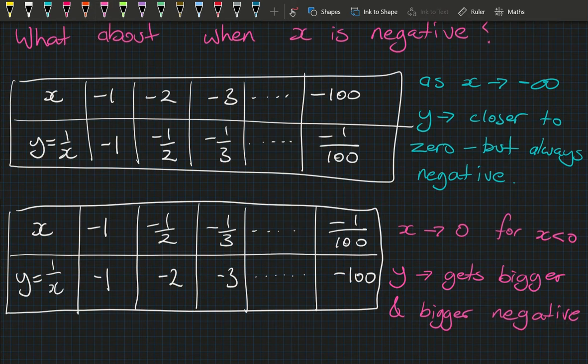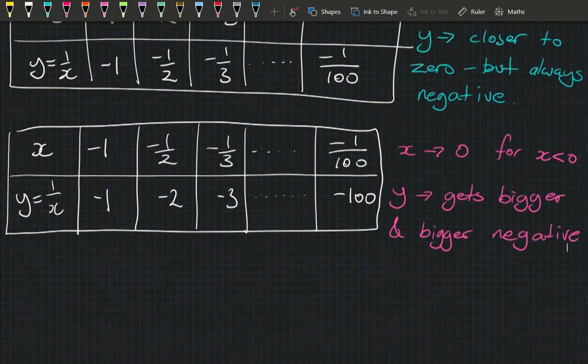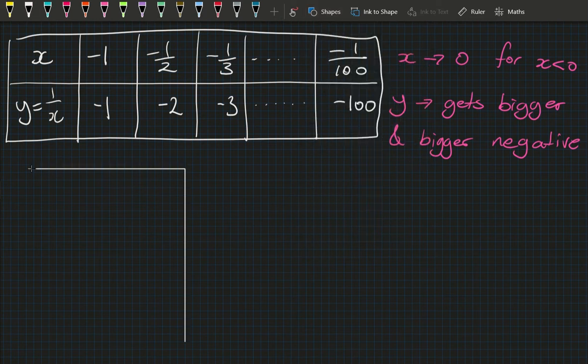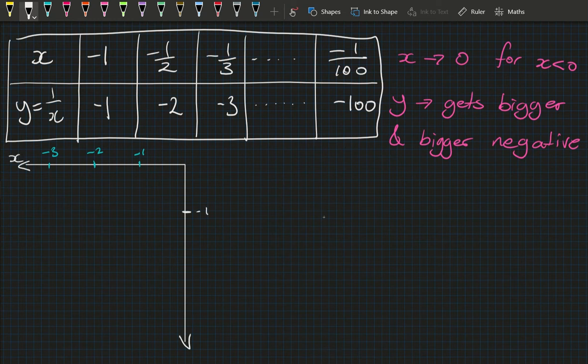So if we were to try and graph that, which I will on these axes, I'm going to mark in those points a little bit quicker this time, seeing we've already seen them in the other one. So -1 was related to -1. Oh, and I should probably mark in that this is the x and y axes. And the first point, so -2 is related to -1/2, and -3 is related to -1/3.